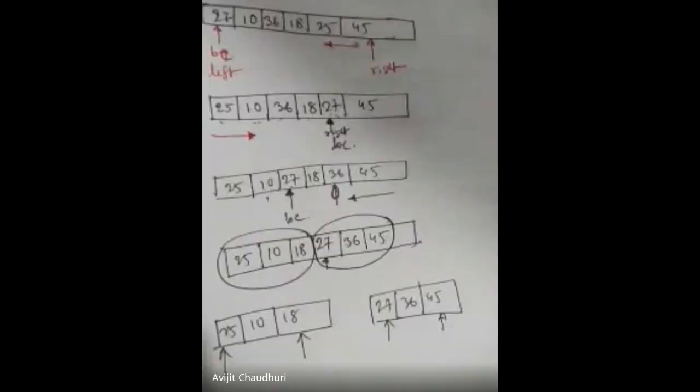Sir, in the first pass, what will be the result? 20, 25, 10, 36, 18, 27, 45. Yes, because we are scanning from right to left and this item is lesser than that, so this will be swapped.